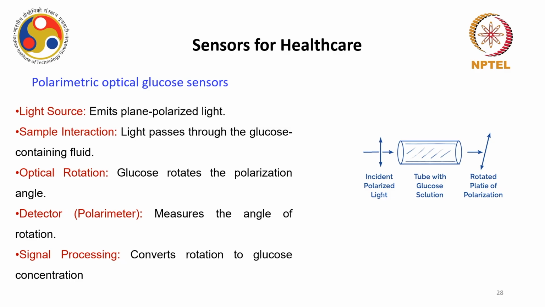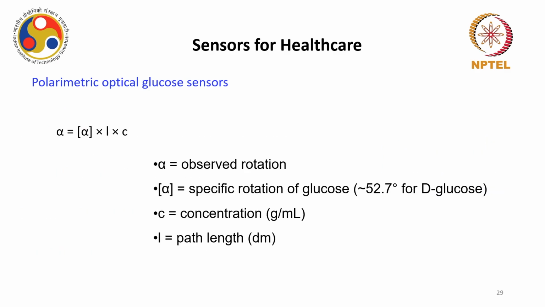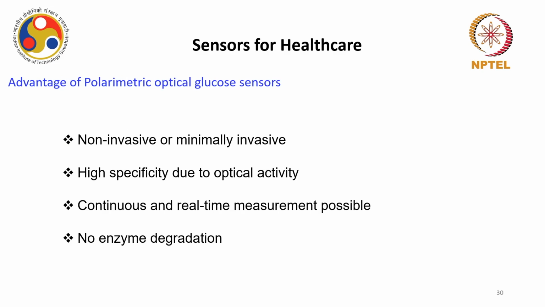And then you have other electronics like signal processing to convert the rotation to glucose concentration, and it utilizes this equation for the measurement, where alpha, the observed rotation, is equal to the specific rotation of the glucose, which is around 52.7 degrees, for example for D-glucose, times the path length and the concentration. And it has been derived, of course, from the Lambert-Beer law that we have just seen.